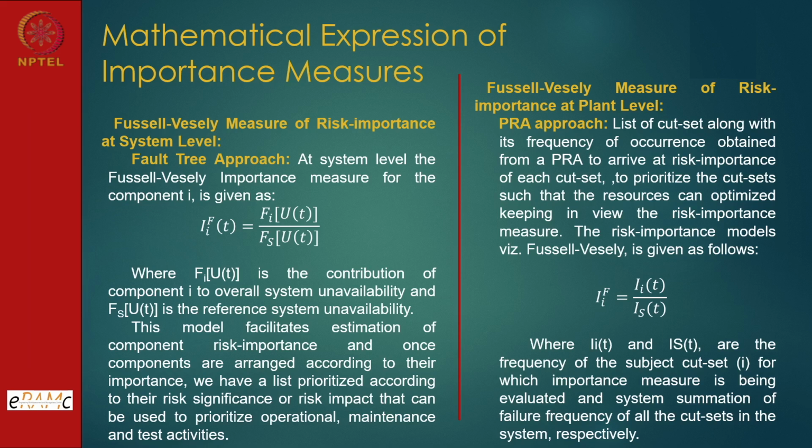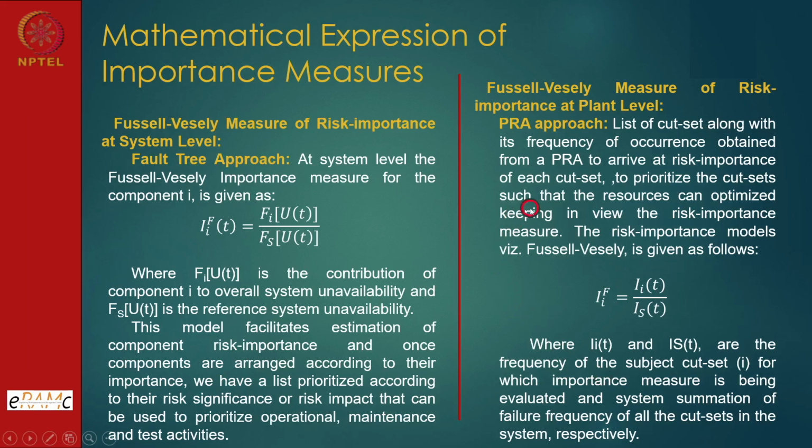So these models give a rational based approach, and unless the data change, it will not change. So this is how it is a science based approach, we can say. At plant level, what is going to happen?